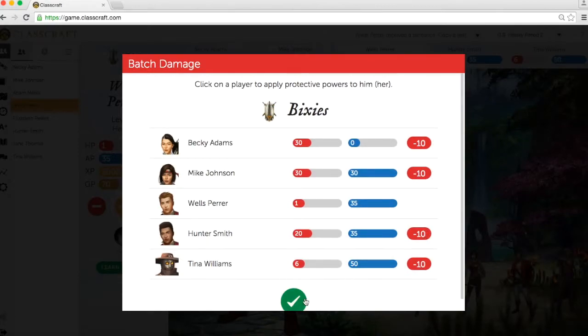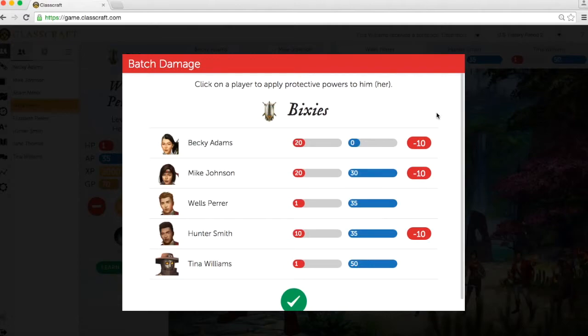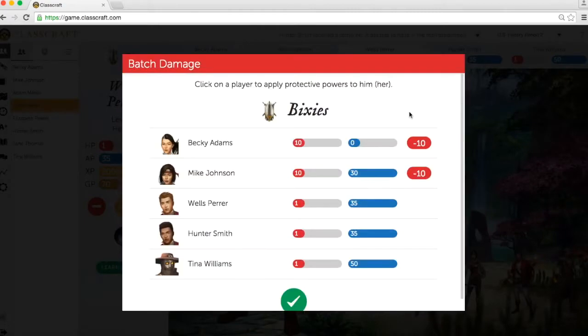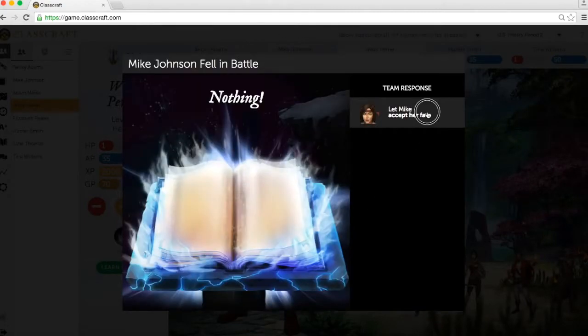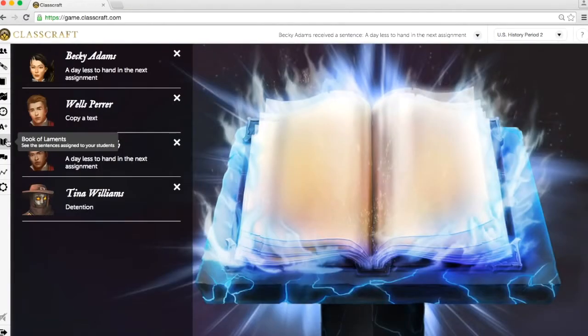If that drop in health points causes another team member to fall in battle, then everyone on the team loses another 10 health points, with the exception of the students who have just fallen and received a punishment. This chain can continue until all of the members of the team receive a punishment. Thus, if one student falls, they could all fall.